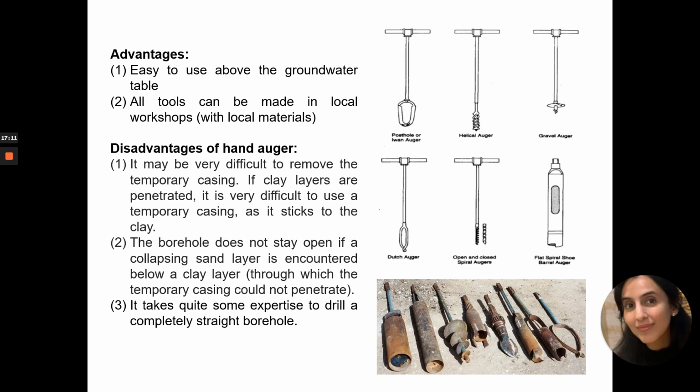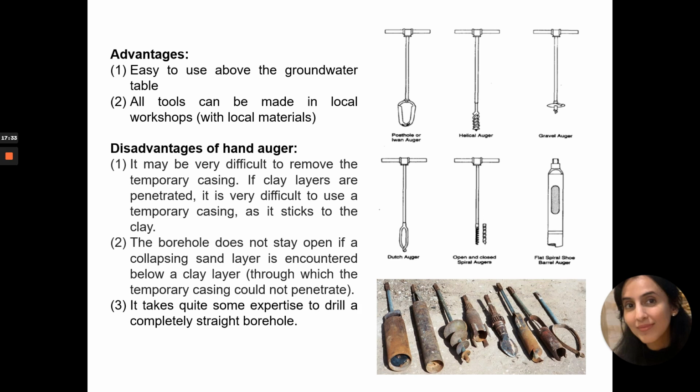The advantages of hand auger is because it's easy to use and all tools can be made in local workshop. Disadvantages of hand auger: it may be very difficult to remove the temporary casing. It's difficult to use temporary casing because it sticks to the clay.